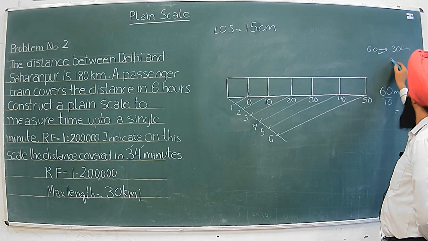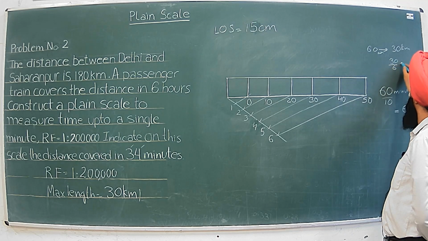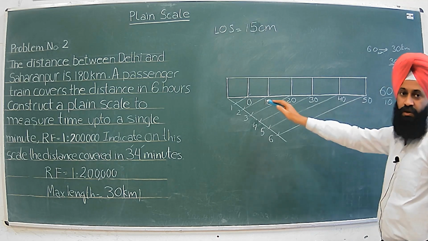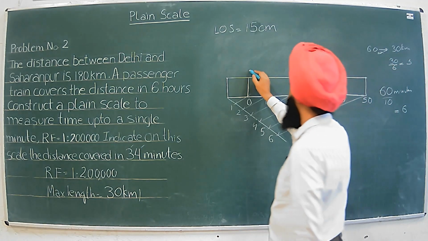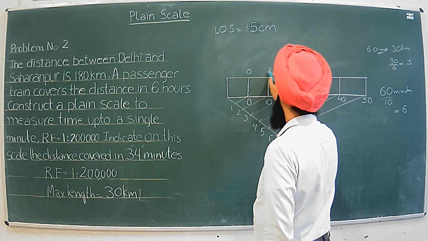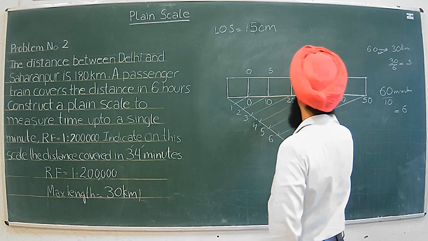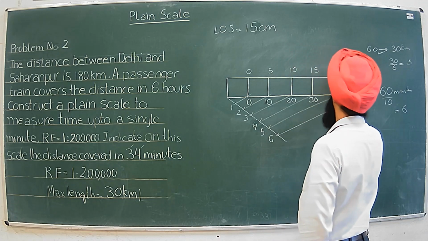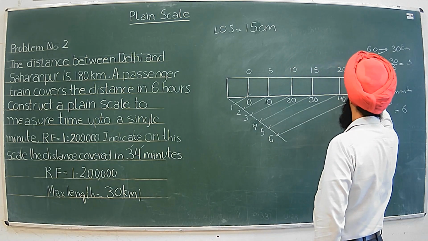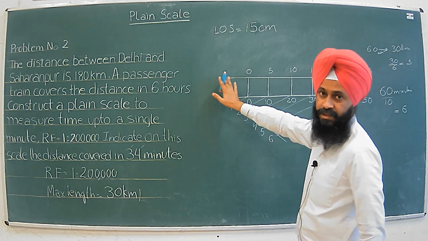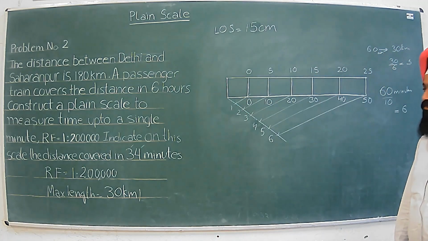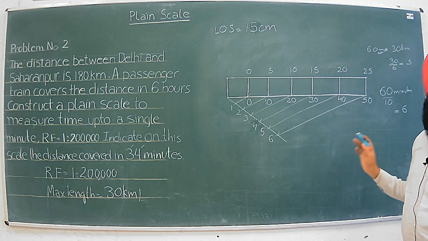Here we write 0, 5, 10, 15, 20, 25 and this first part is 5 kilometers. So the bigger units are complete.